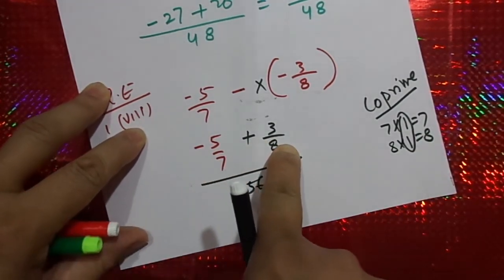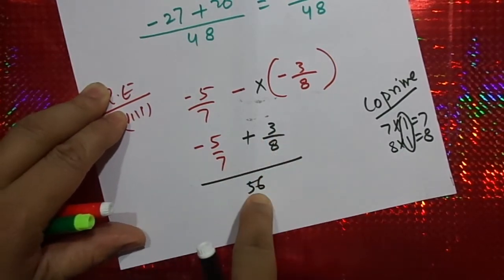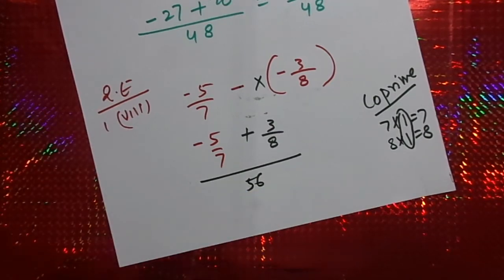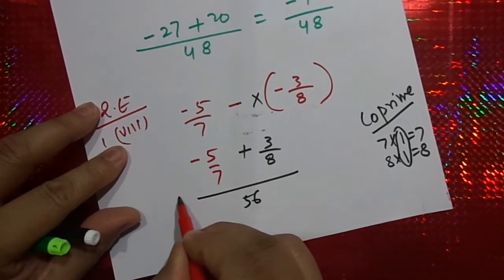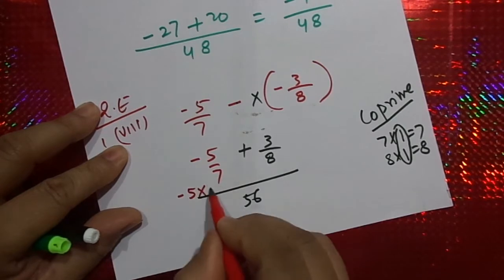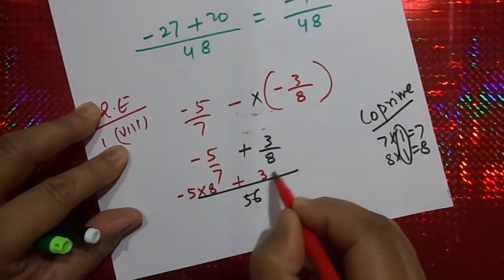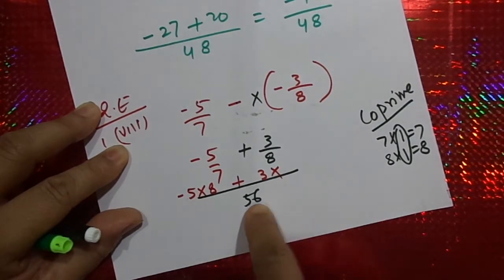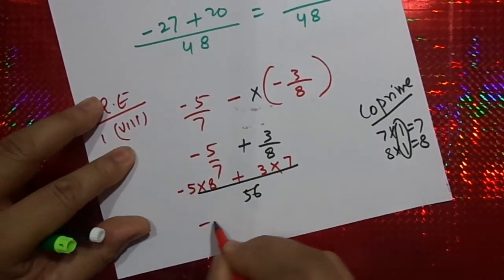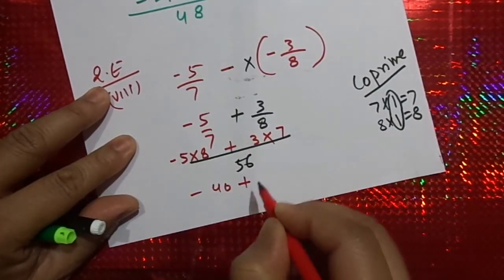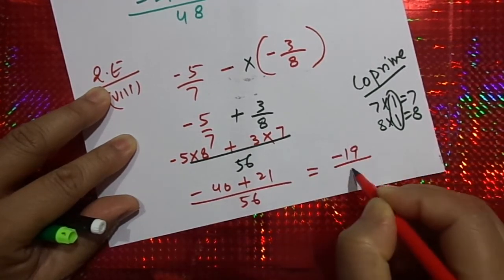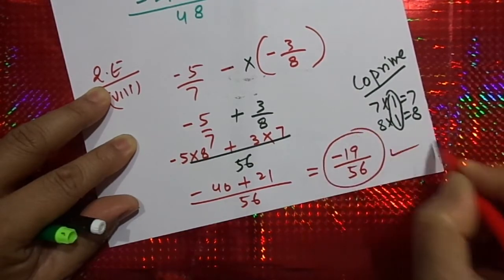Whenever you have co-prime numbers, you multiply them directly to get the LCM. Similarly, first multiply the numerator with 56 divided by 7, which is equal to 8, plus the numerator multiplied by 56 divided by 8, which is equal to 7. Now you have minus 40 plus 21 by 56, which is equal to minus 19 by 56, your solution.